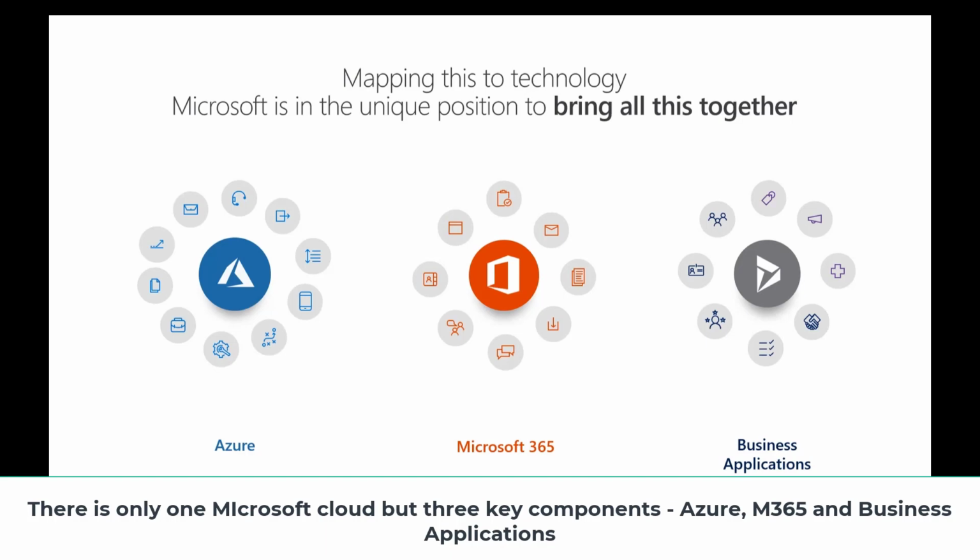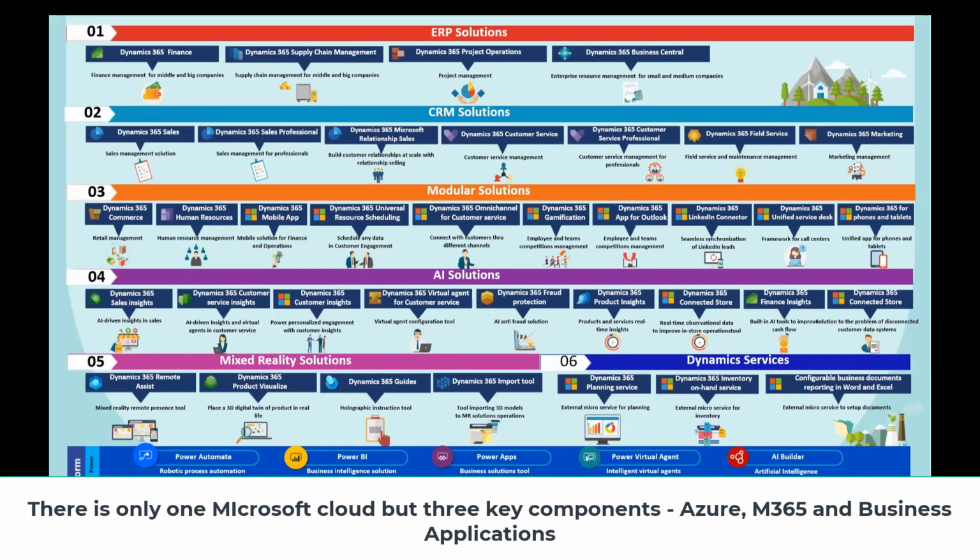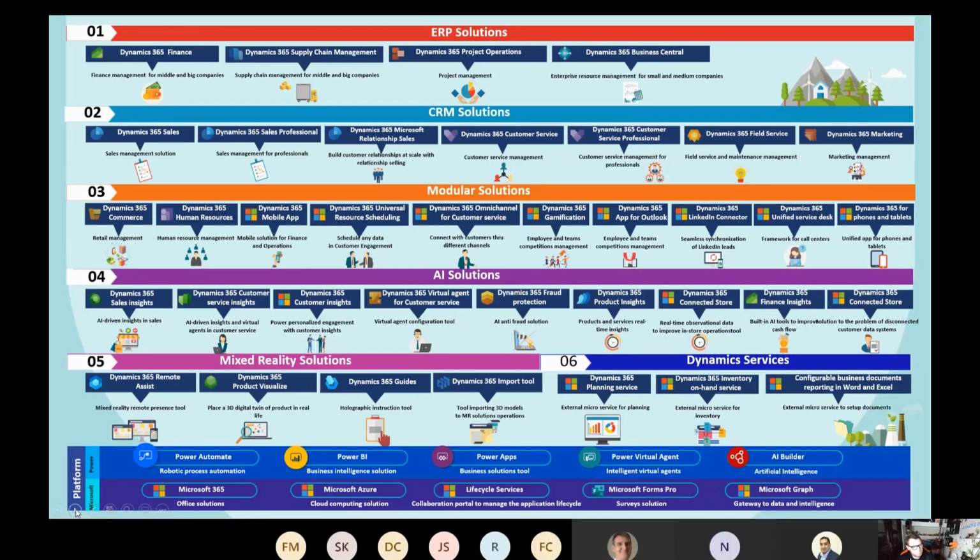But if I drill into the BizApps box, this is something you're going to find. I like this slide because it's pretty ugly, and I build ugly slides, so I didn't build it, but it has color, and it breaks down what business applications really looks like into great layers. Jules would have spoken to you about the ERP solutions layer, where you've got your finance, supply chain management and project operations, and then you had another presentation on Business Central.